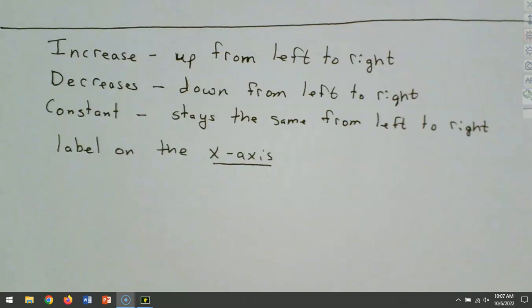I'm going to give you a graph. We'll actually do probably 2 or 3 of these, because they're pretty simple. I'm going to give you a graph, and you're going to tell me where this increases, decreases, or where it remains constant. So we look from left to right. And if it's going up, that's an increase. Down, that's a decrease. Stays the same, that's constant.